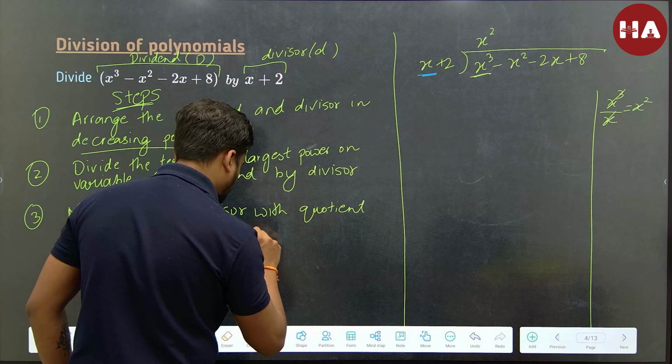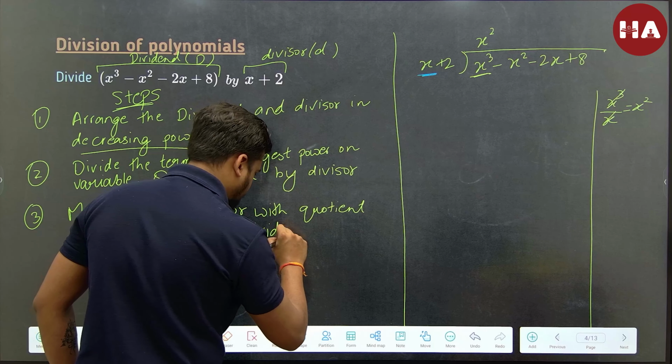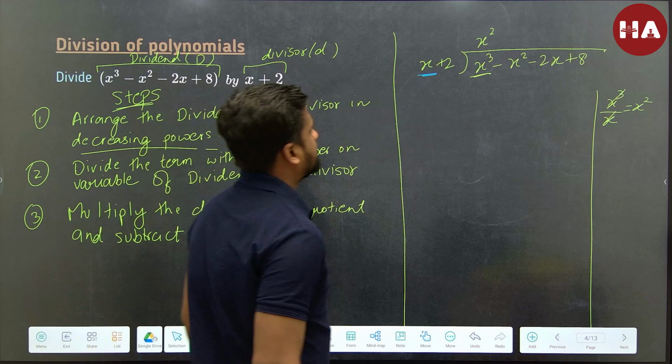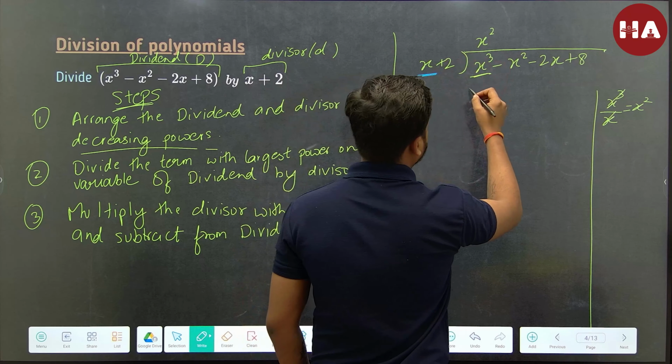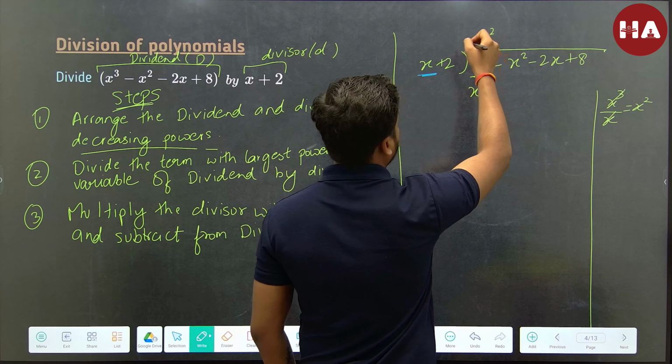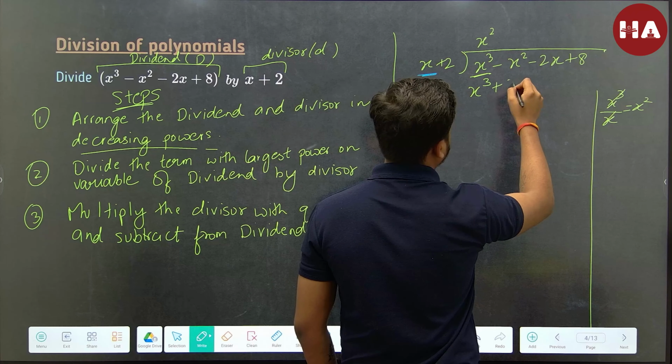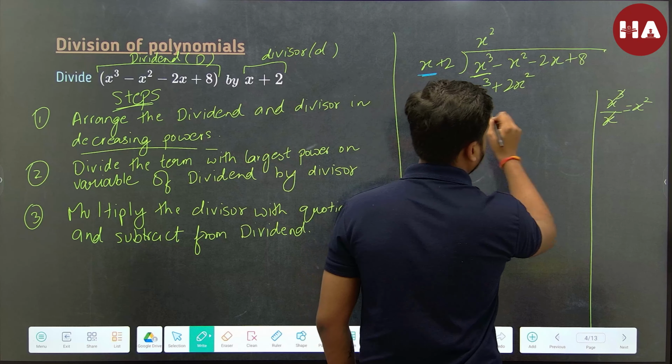So x square times x is x cube, x square times plus 2 is plus 2x square.